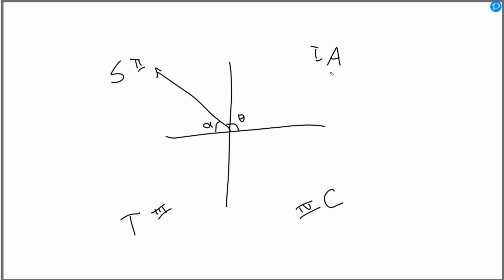So in quadrant A, all trig ratios are positive. And in S, everything is negative except sine. So sine is positive and everything else is negative. And as you can guess, in T, tan theta is positive, and everything else is negative. In C, cos theta is positive, while everything else is negative.